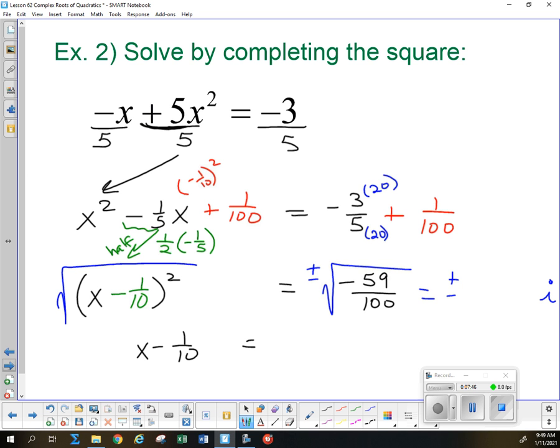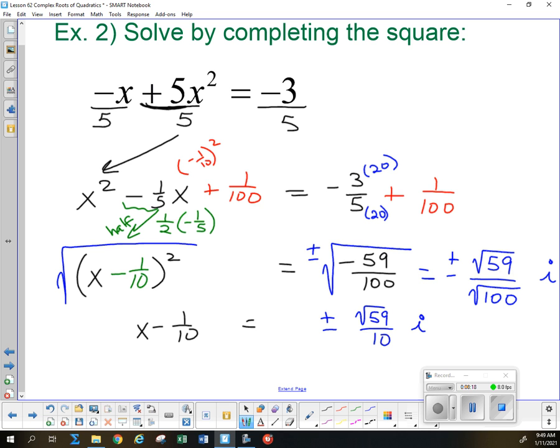So the minus sign is going to mean I've got an i, and I've got the square root of the positive, and that's going to be square root of the numerator over square root of the denominator. So I have plus or minus square root of 59 over 10, and the i goes out there separately. It's not part of the numerator. We're going to put it after that number. All I really had to do there was square root of 100 is 10.